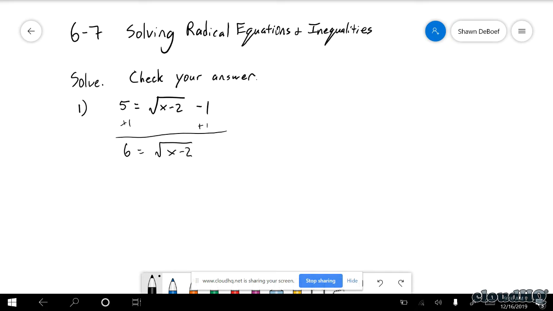And then once I have my square root isolated, I'm going to square both sides, which gives me 36 equals x minus 2. Now we can solve this equation.